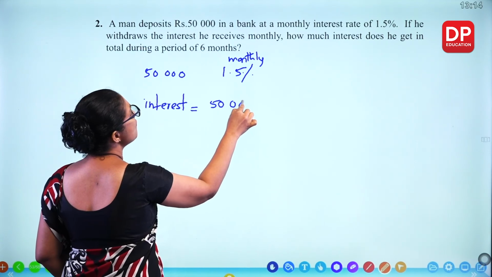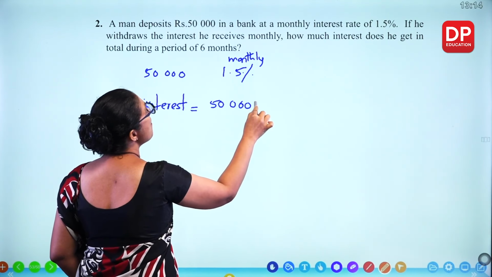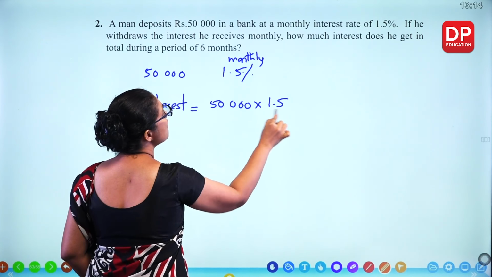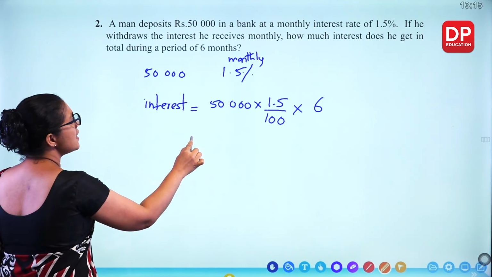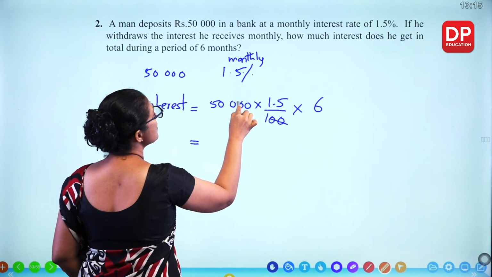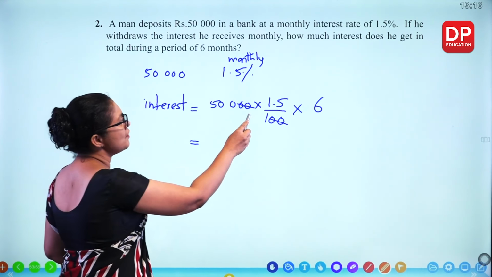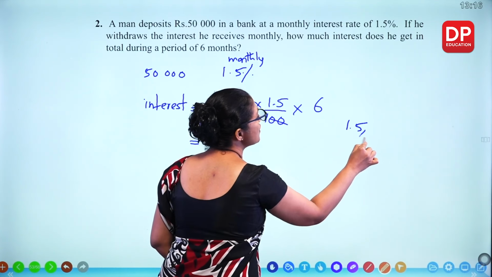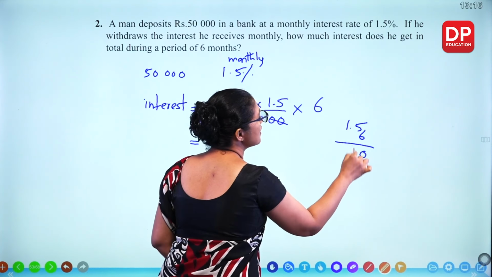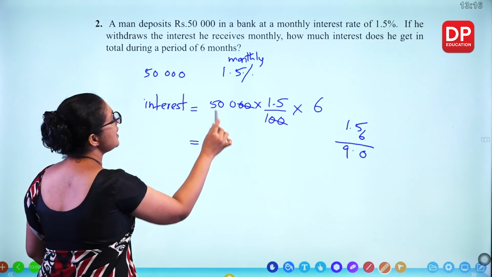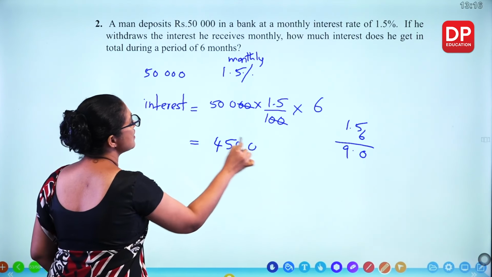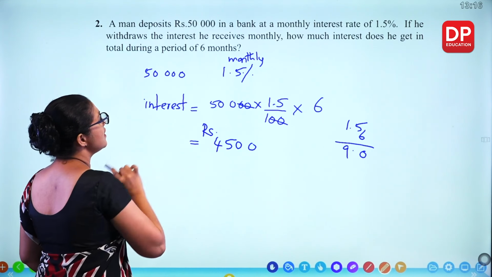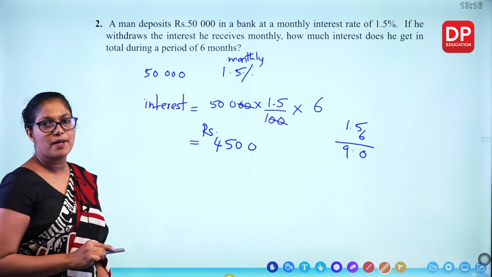For 1 month, 50,000 multiplied by 1.5 over 100, and for 6 months you multiply it by 6. 2 zeros get cancelled out. So we'll first find 1.5 into 6. You get 9. So 9 times 500. You get 4,500 for 6 months.